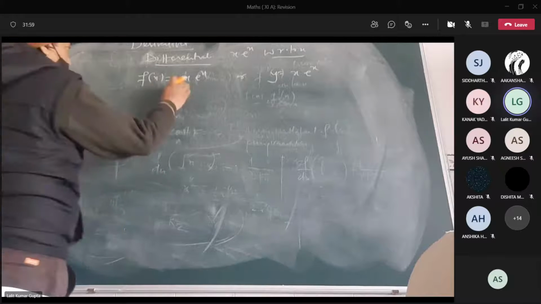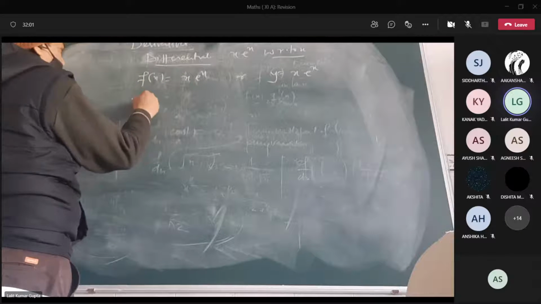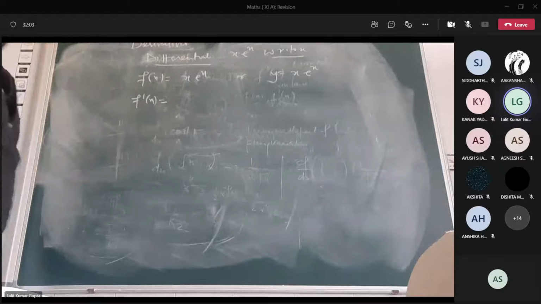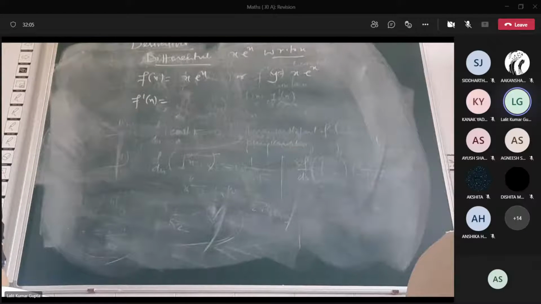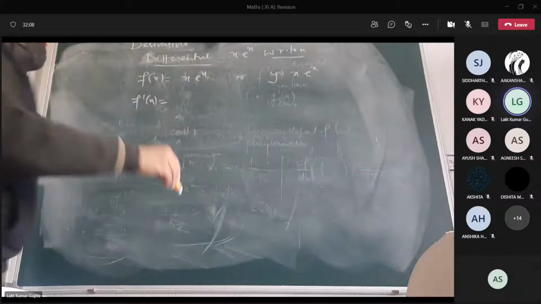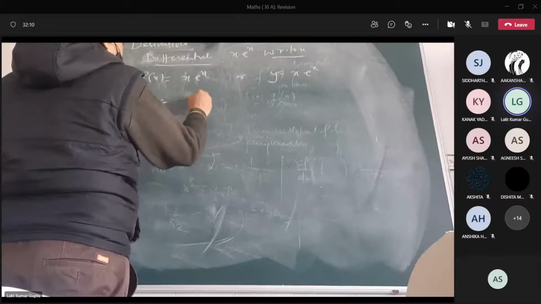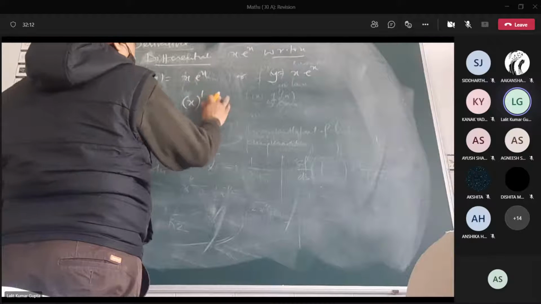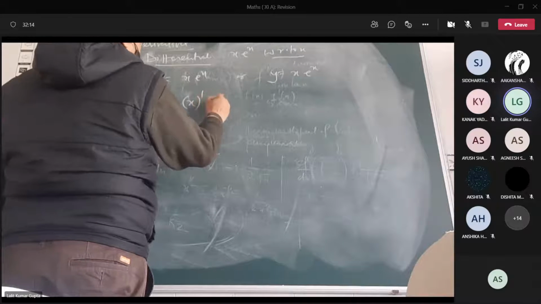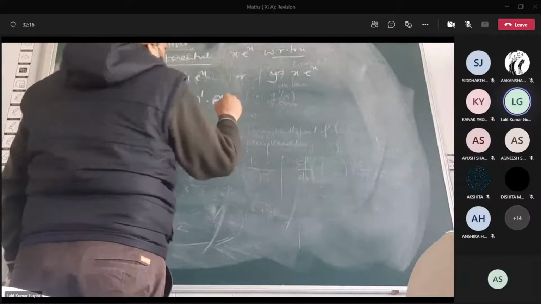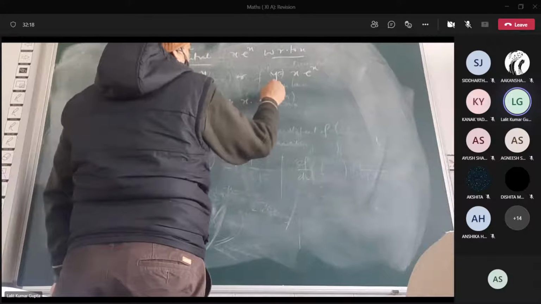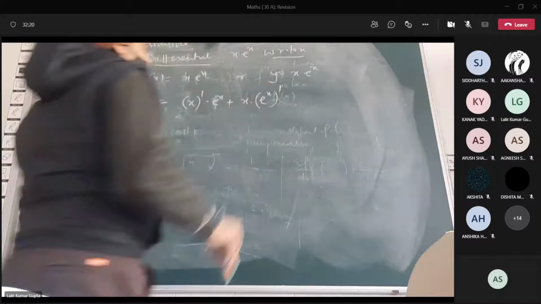Remember this thing. Now, f dash x. Which rule do we have to apply here? Product rule. Okay? That rule you have to mention here. x dash dot e^x as it is, plus, sorry, x as it is, derivative of e^x.